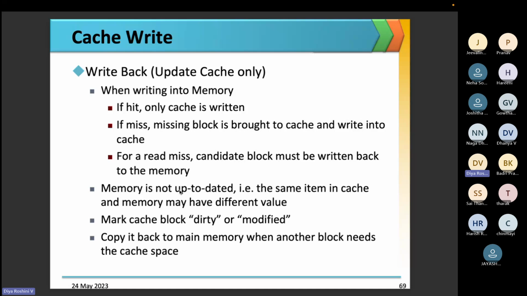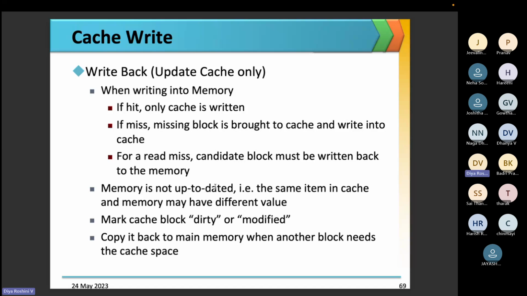If I use write through, which updates the value both in the cache and the main memory, and I am updating that variable multiple times, I have to go to the cache, write that, go to the main memory, write that. Now I change the value again. Again, I have to go to the cache, change that, go to the main memory, change that. If you see this, there is a lot of time wasted.